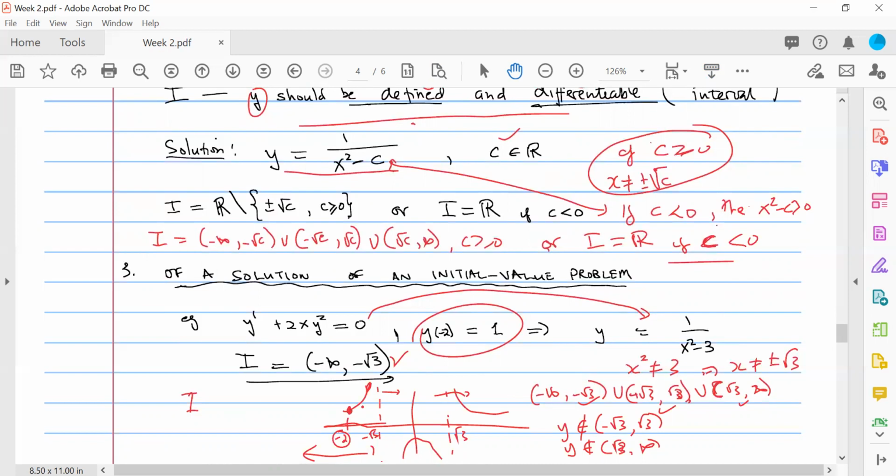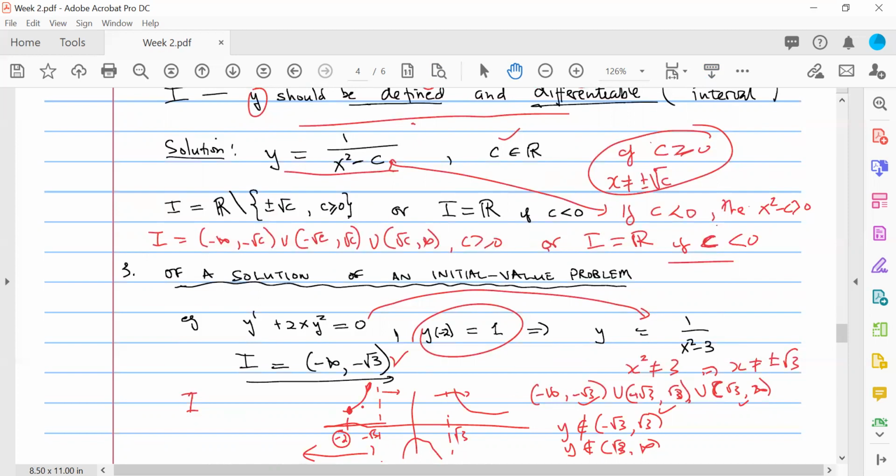So you will have pieces of solutions which occur in different subintervals. So when you restrict some initial conditions to a specific point on the domain, then the solution will be restricted to that specific subinterval. But it depends on the type of problem.